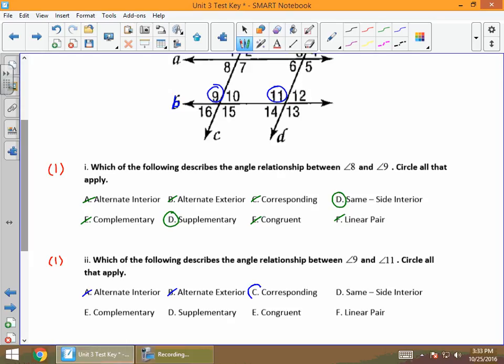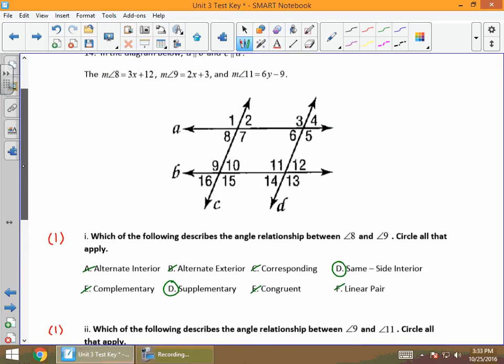So these are corresponding. They are not same side interior. And I know that corresponding angles are congruent. They are not supplementary or complementary, and they are not a linear pair. So they are both C, corresponding, and E, congruent.